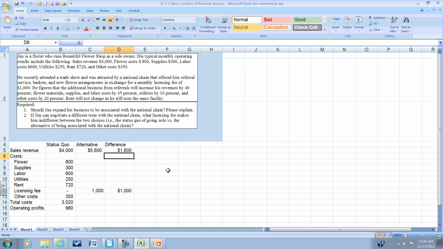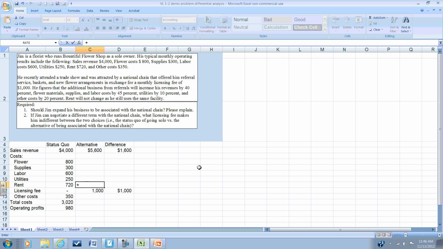However, he has to look at his cost and determine which costs will vary with activity versus those costs that will remain the same. And bear with me, I'm going to jump around a little bit here. The problem tells us that the rent will not change since it will still be using the same facility for both his regular business and the referral business.